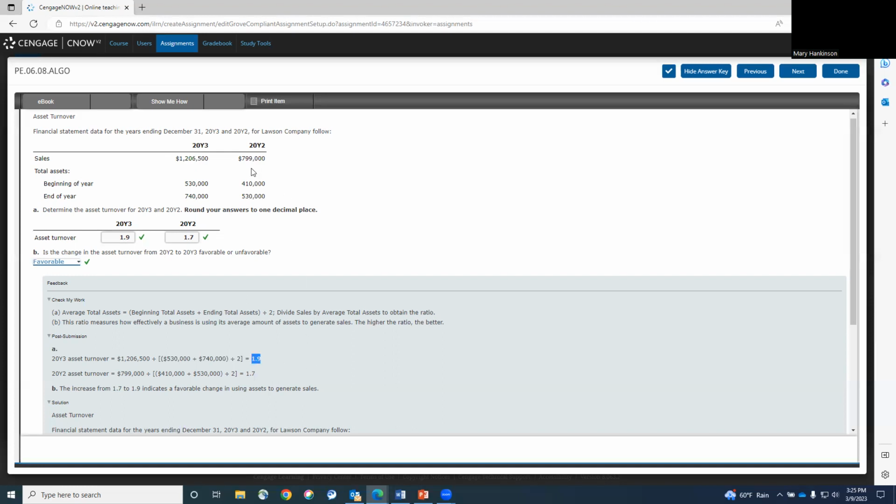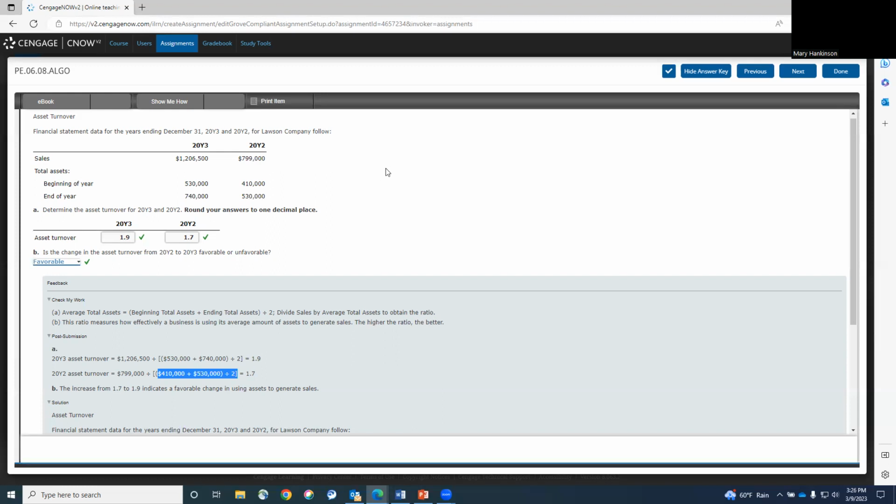So let's go ahead and do that same thing for year 2. So year 2, we start by taking our beginning of the year balance, adding it to our end of year balance, and dividing it by 2. So we see that calculation right here. So we have the 410,000 plus the 530,000 divided by 2.